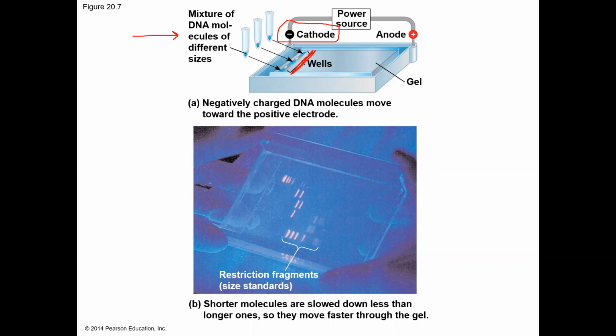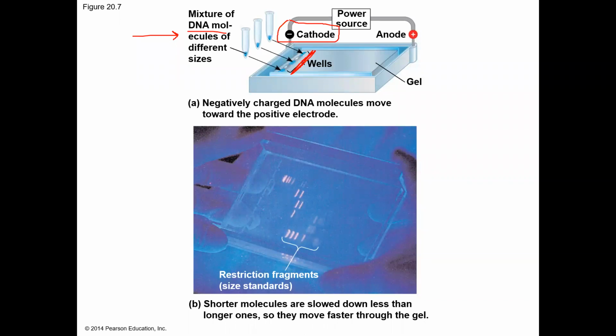And the reason is that DNA is negatively charged. Remember, DNA is made up of a backbone of phosphate sugar, but you have a lot of phosphates out there, and those phosphates give DNA an overall negative charge. So when you're putting your DNA sample into the gel, you want to put it on the negative end.